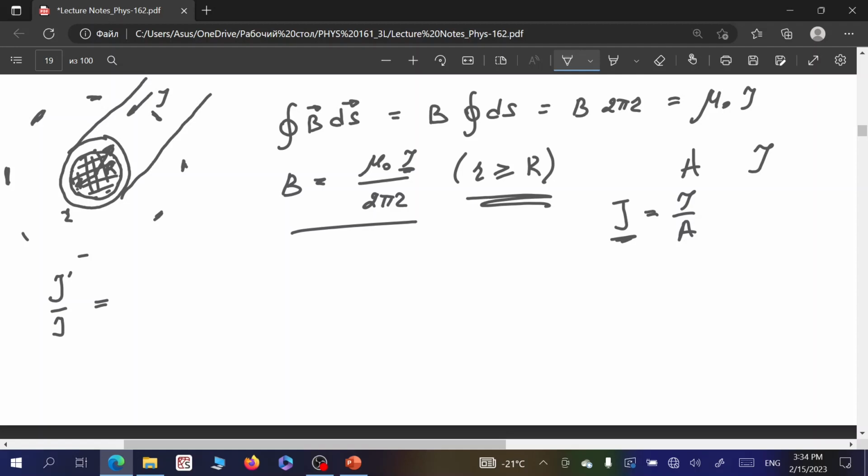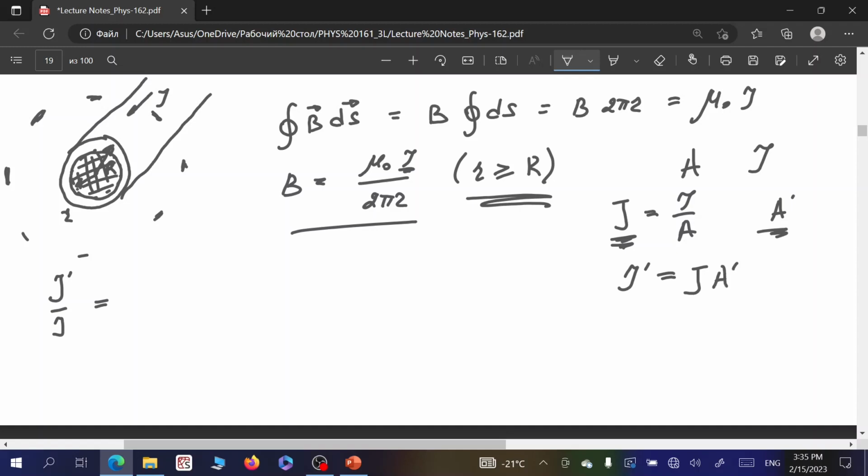Now we consider some smaller area, let's say A prime. What will be the current which flows through this smaller area A prime if we know J, the current density? We just need to multiply. So current I prime is equal to J, the current density, which we already know, times A prime.